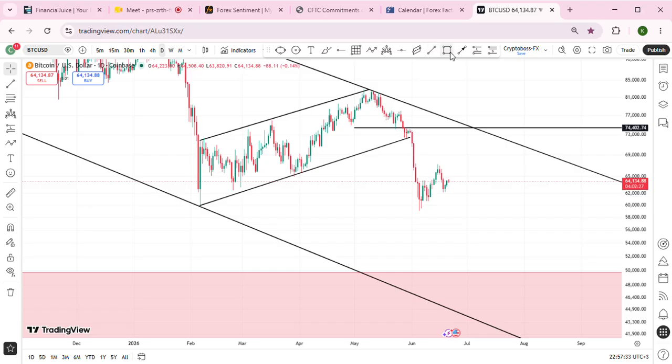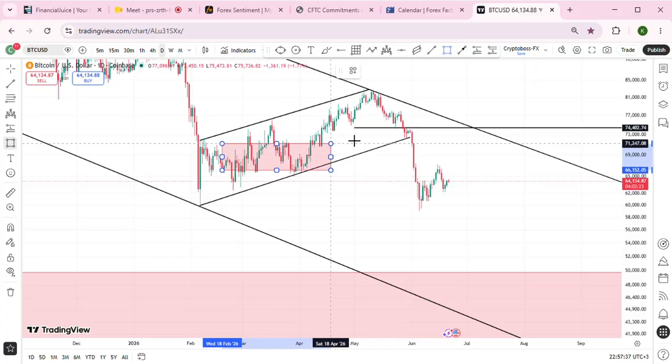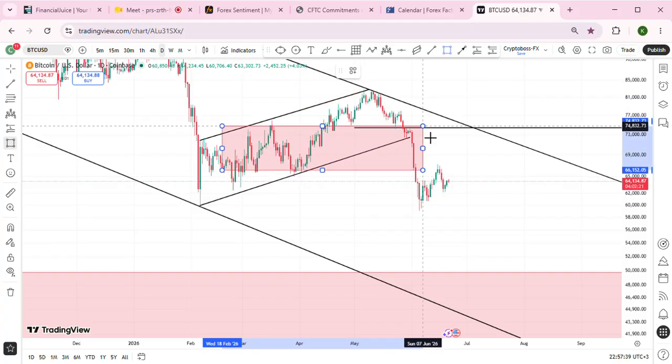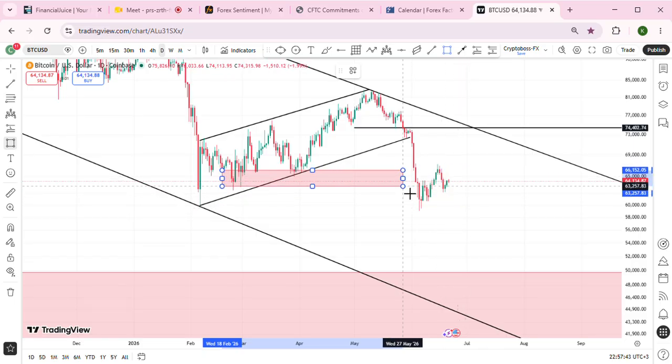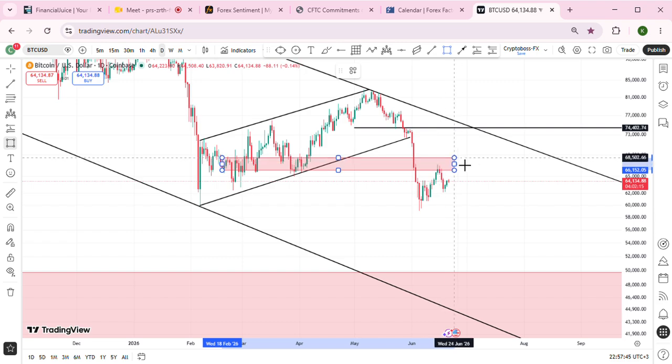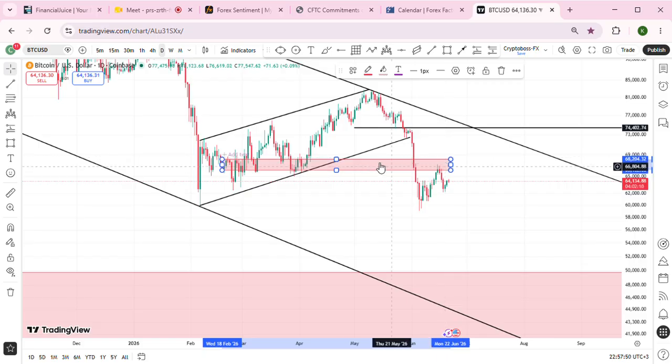Now, when you come to weekly time frame, you can see initially the market was in this uptrend here, and then it broke out very impulsively. And currently, what the market is doing is trying to do what we call a correction. So let me show you something.